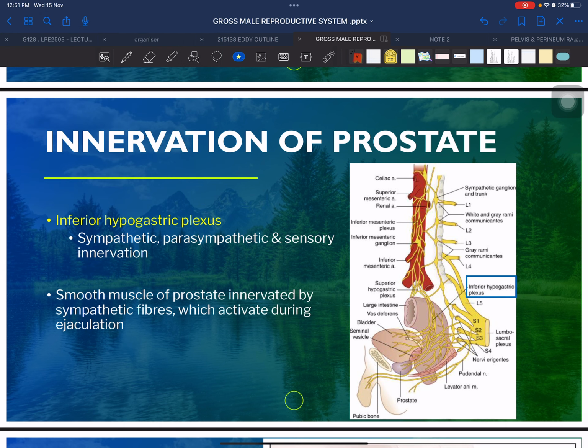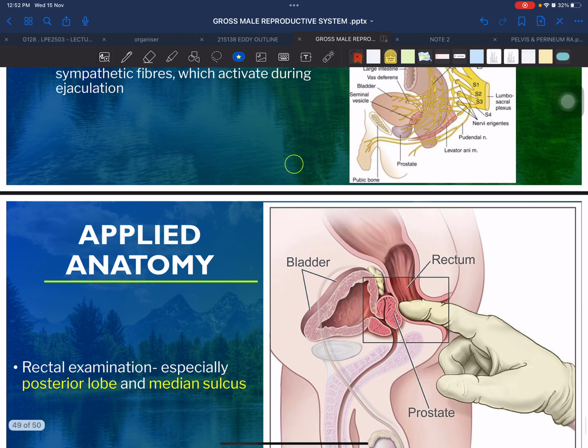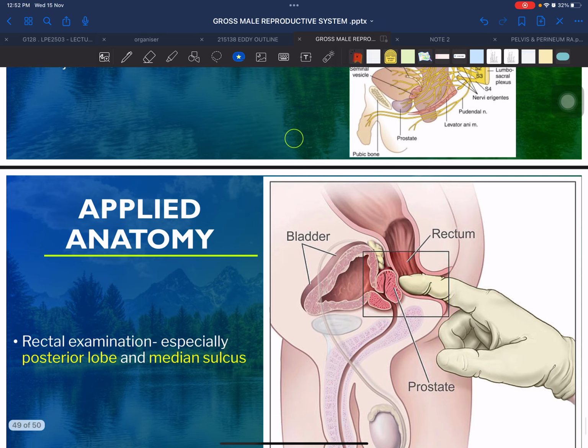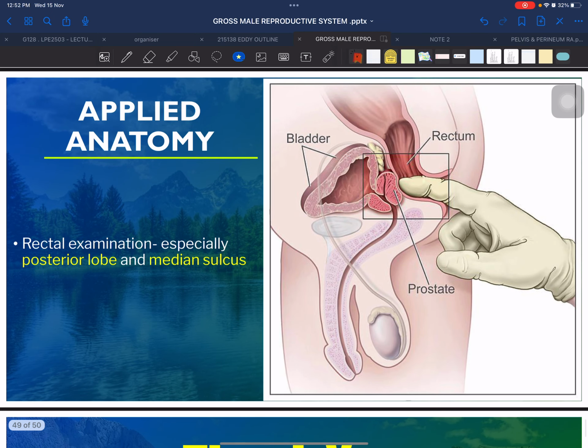When you put the finger, facing anteriorly, you can feel a bit of the bulging, not that much. It is a posterior lobe and a median sulcus of the prostate that you feel. Not anterior lobe, not lateral lobe, it's a posterior lobe.